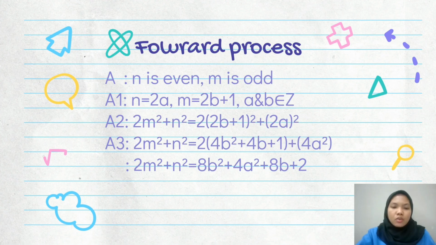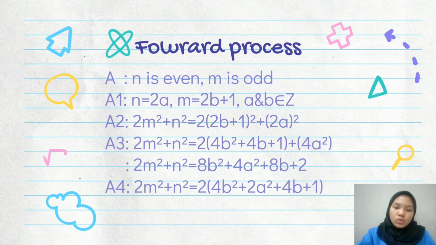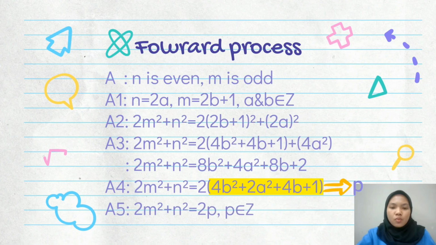After that, we will factorize the equation to get 2 in bracket 4b squared plus 2a squared plus 4b plus 1. Okay, by letting this expression be p, we will get 2m squared plus n squared equal to p, where p is an element of the integers, for the last step.